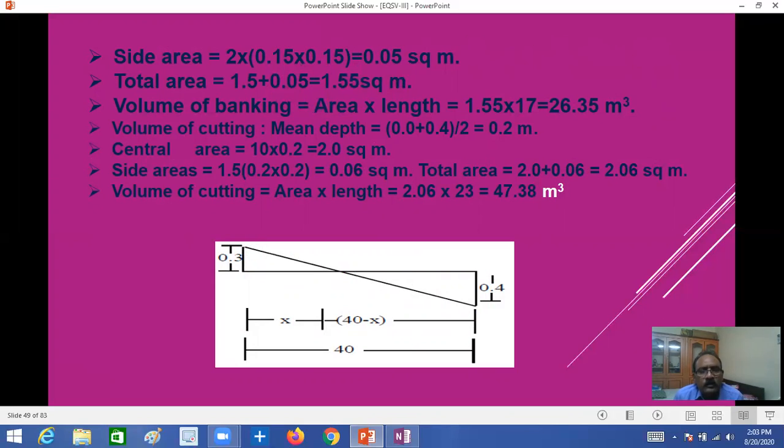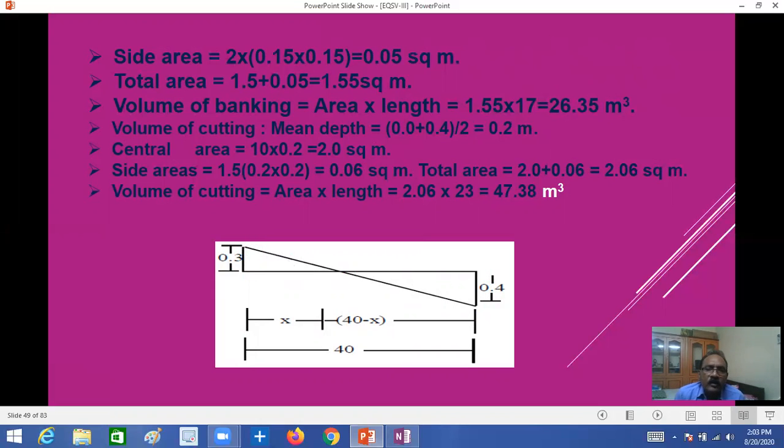You will get the same value. So the total mean sectional area of banking is 1.55 square meters. The volume of banking equals the average area into length, 1.55 into 17.